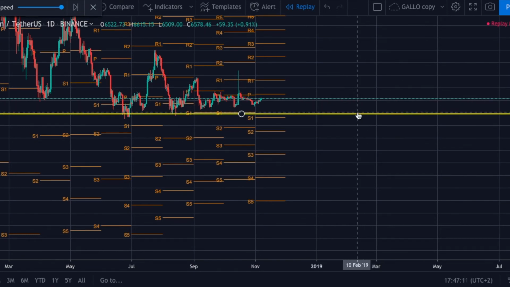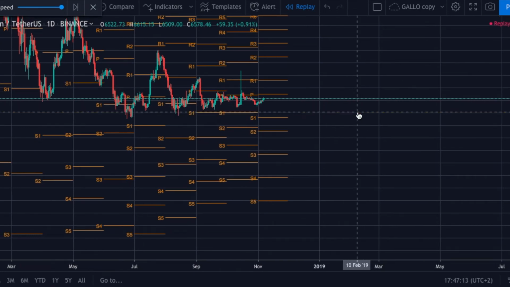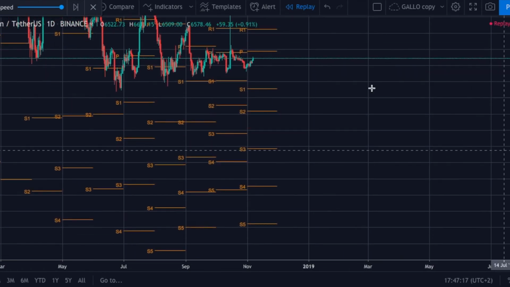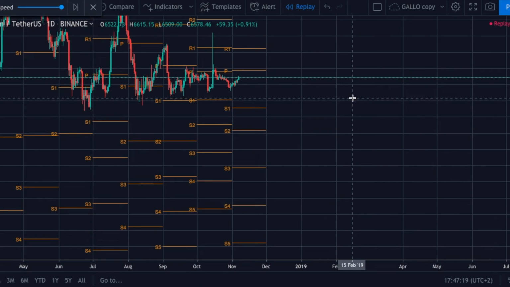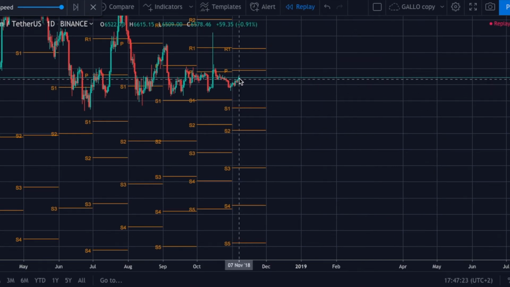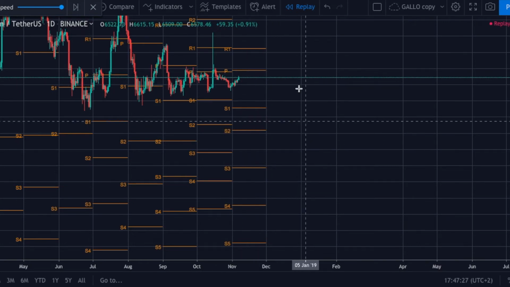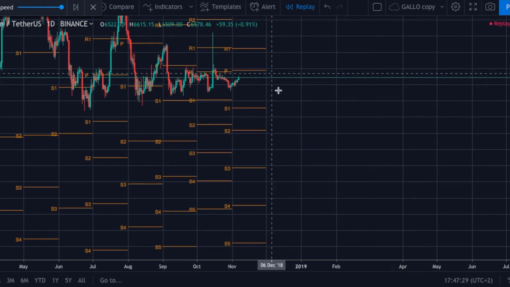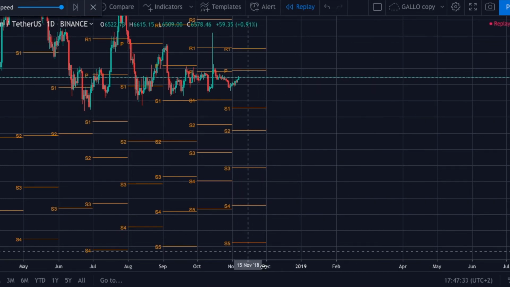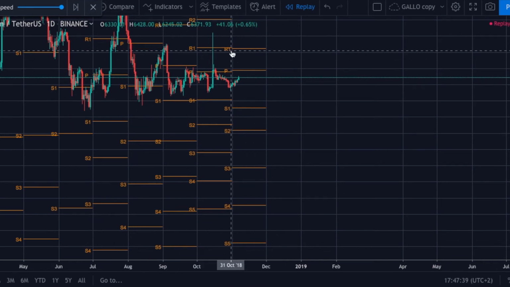So I'm gonna take my beautiful tool here to draw a line, and I don't know if Bitcoin is going to go up or down. The only thing is I know that for this month, because every pivot here, if you use this indicator on a daily time frame, is going to cover a month.